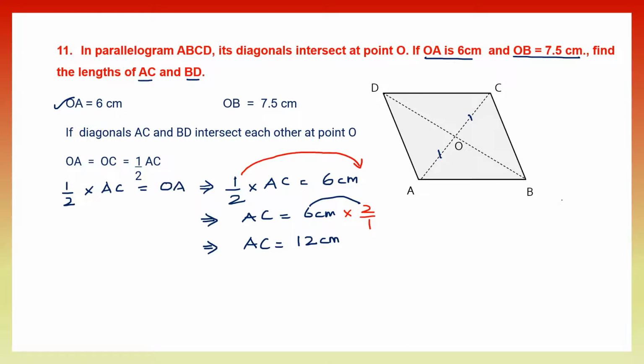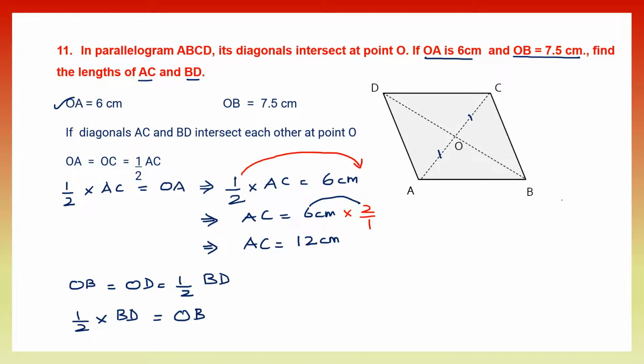Now similarly, we can find the value of BD also. So OB is equal to OD, which is 1 by 2 or half of BD. So we are going to find BD. So how do we find half of BD? Means half into BD. And here I'm going to take OB. This is equal to OB.